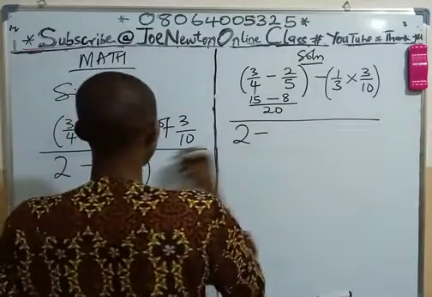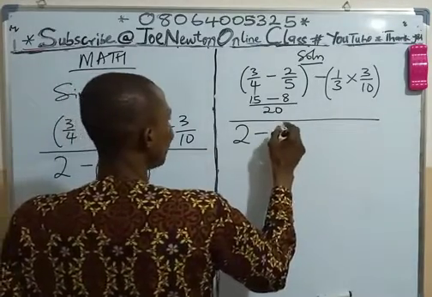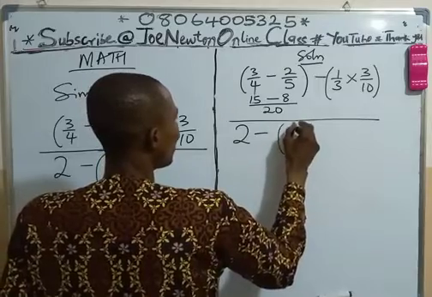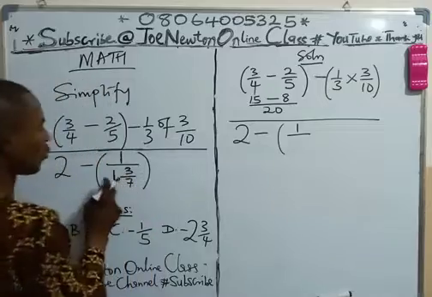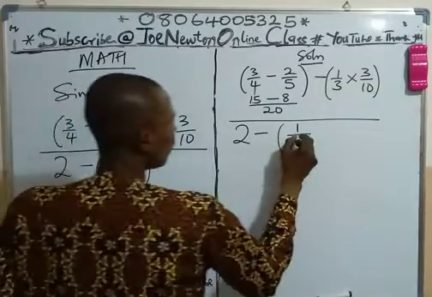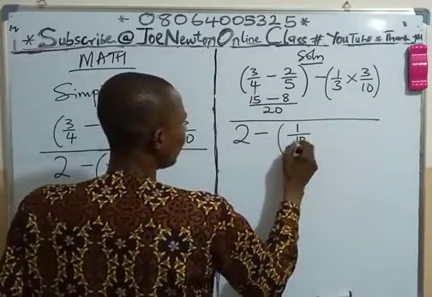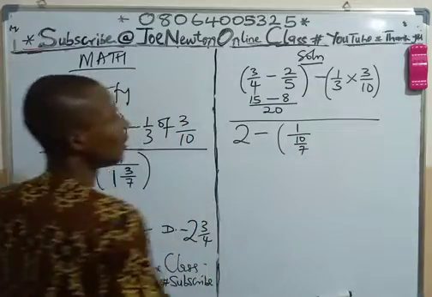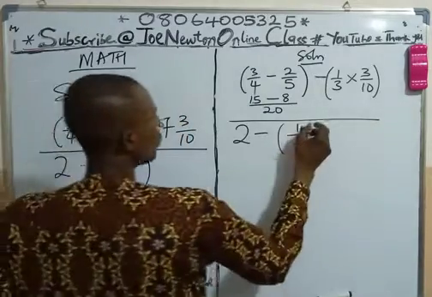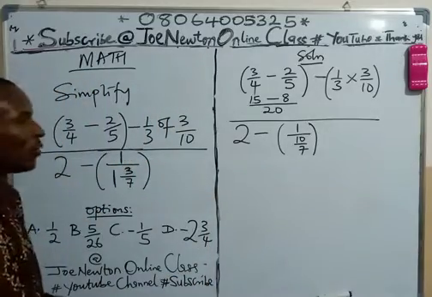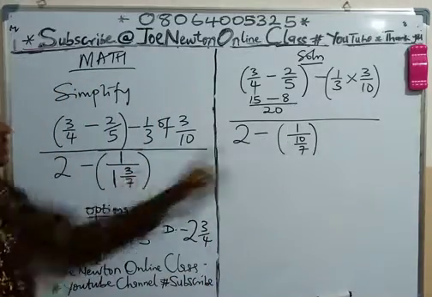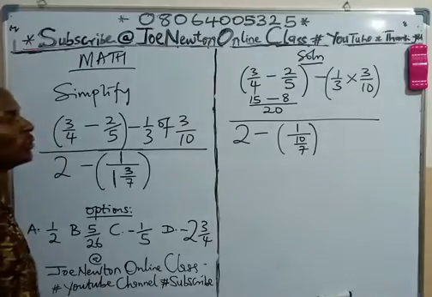So this will transform into 2 minus 10 over 7. That's what we're going to have at this point. This becomes this. So we continue.